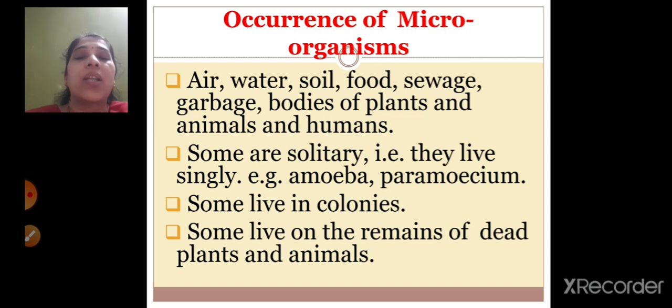Like mitochondria, it is also called the powerhouse of the cell because it can produce energy, right? Then vacuoles help to throw out the waste products of the cell, right? Then we saw the Golgi bodies, their function is proper distribution of proteins.